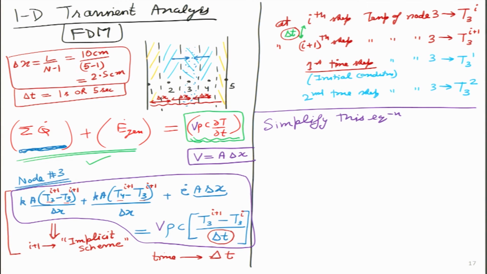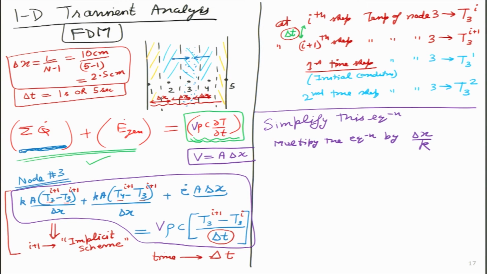So, what I am trying to do over here is multiply this whole equation by delta x divided by k. Okay.